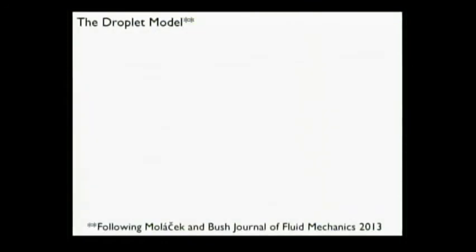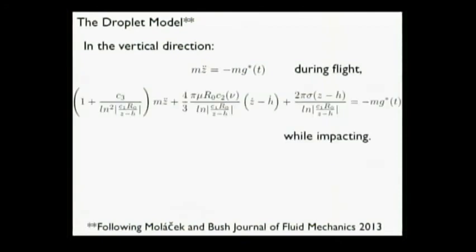And just to give you an idea, we used to have a model for droplet motion which relied on this spring model where there are some constants here, and they come from the work of Moláček and Bush. They obtained these constants from fitting some experimental curves, determining things like coefficients of restitution and so on, right?